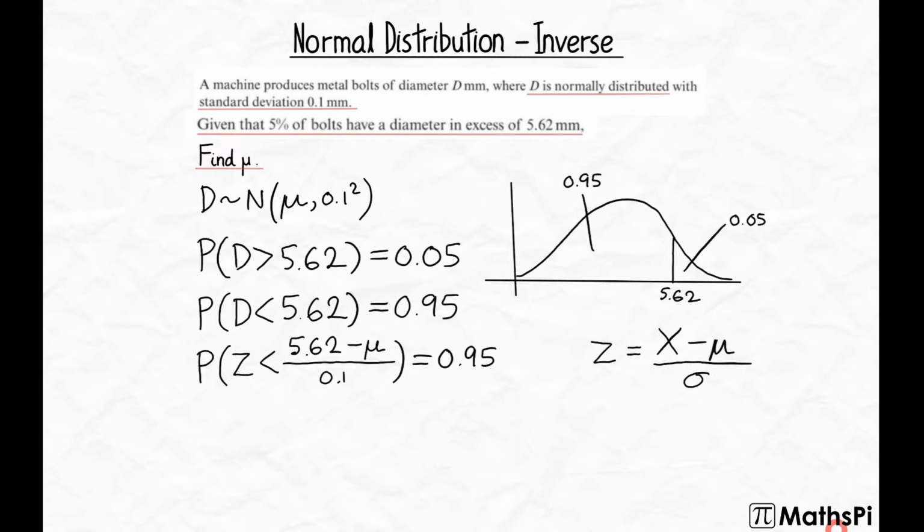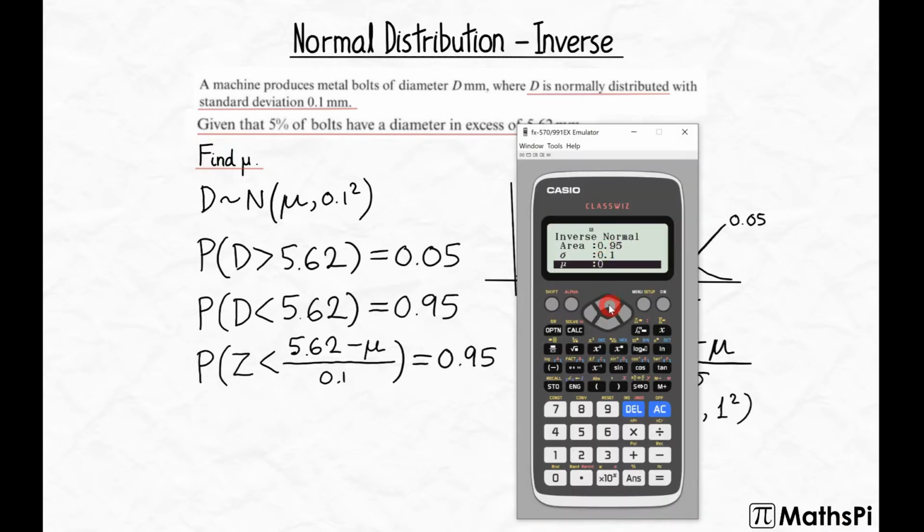The reason we've done this is that now that you're in terms of Z, Z is normally distributed, and the mean is set at 0 and the standard deviation is 1. So that allows us to now use the calculator using Z, knowing that the mean that we can input into the calculator is 0 and the standard deviation is 1.